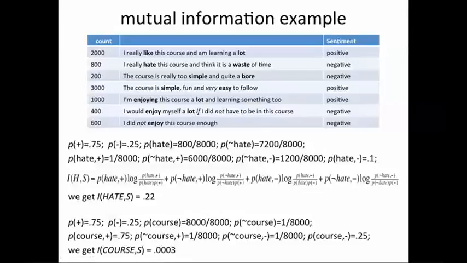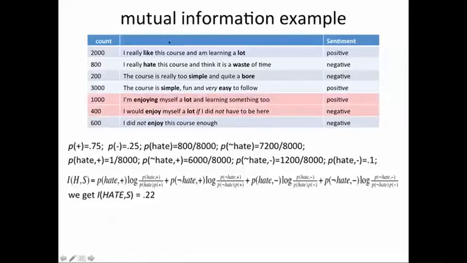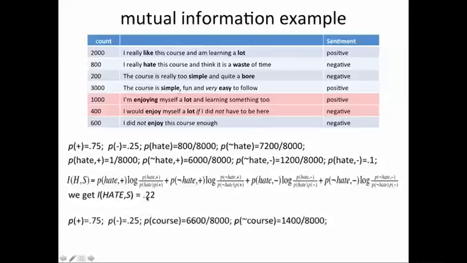Quite obvious, but let's change the problem slightly. Let's now look at the case where these two comments don't actually have the word coarse. So we've just reworded them a bit. For coarse, now we have different values because coarse occurs only in some of the comments, and not coarse occurs in these 1400 comments.